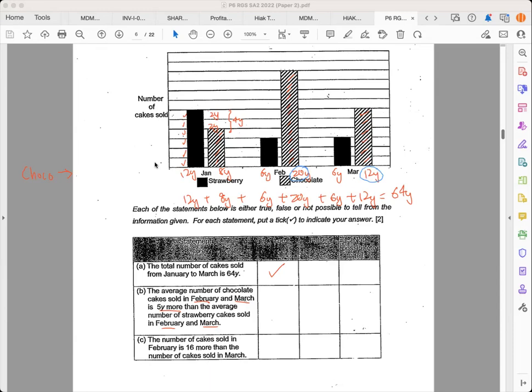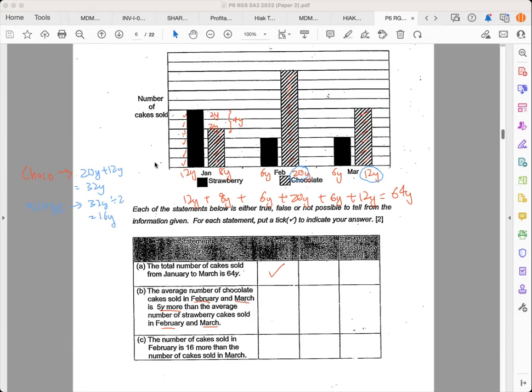All right, so it's 20y plus 12y. You get 32y. The average will be 32y divided by 2, which is 16y.